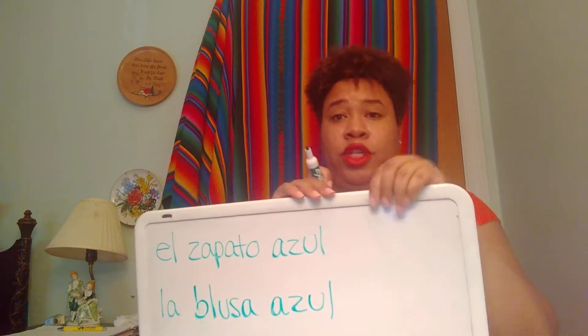But it will change when it becomes plural. So if we have 2 shoes or a bunch of shoes, los zapatos azules, we're going to add an es. When you make things plural in Spanish, sometimes you add just an s, and sometimes you add es.